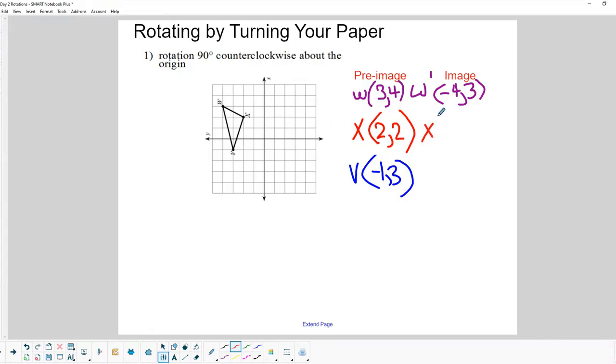So X prime has rotated so that it's at negative 2, 2. And then V prime, when we rotate that over, it's at negative 3, negative 1.